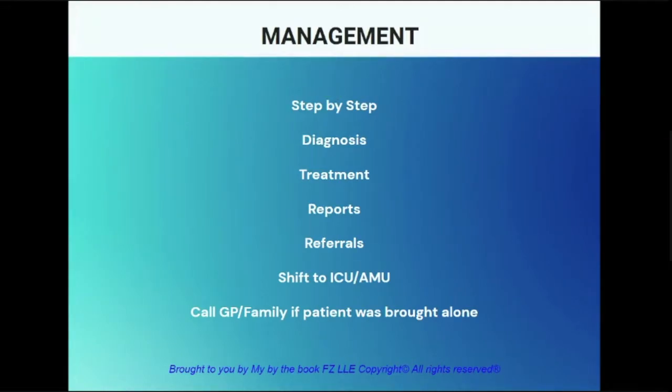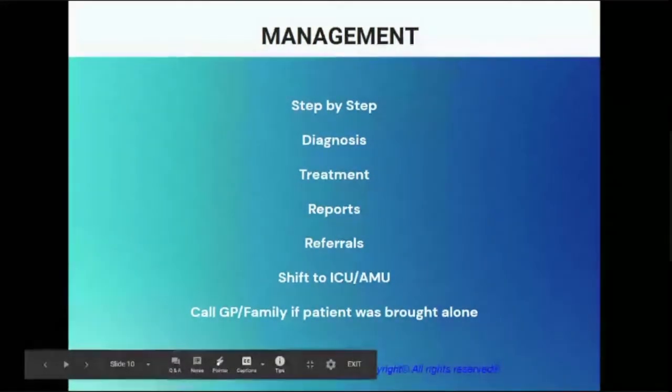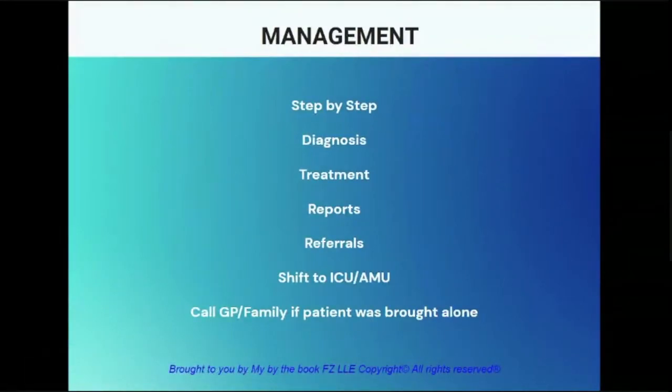The other thing that you must not miss out is, if this patient was brought alone or came alone, please do call the GP clinic or the family and try to assess reasons why this patient has had this condition. What are the risk factors for meningitis? Immune suppression, which could be because of a condition such as diabetes or cystic fibrosis, so you need to check their patient records.